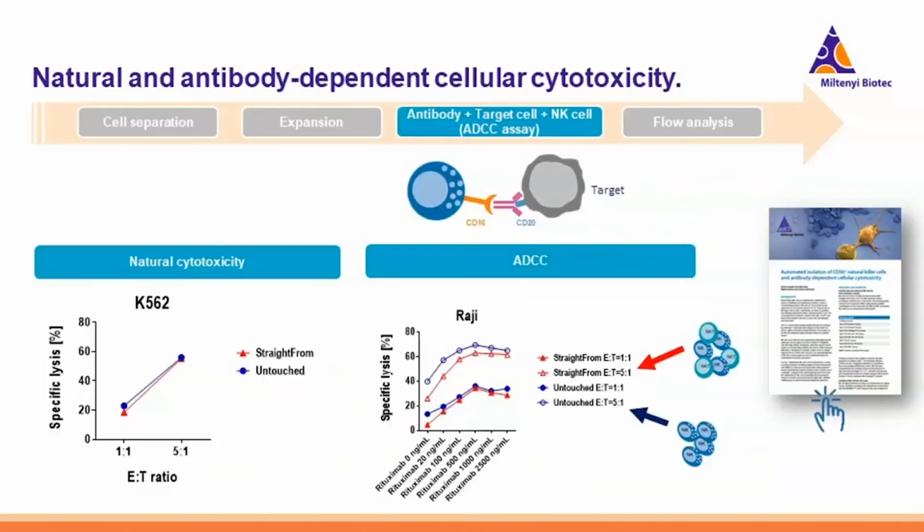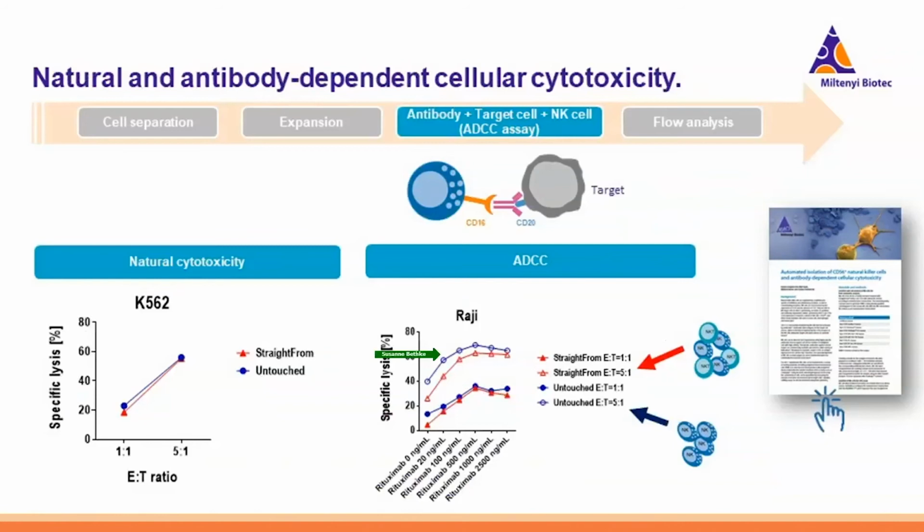And I show you the data here. Here's the comparison of natural cytotoxicity in comparison to ADCC with NK cells isolated with both kits, the straight from kit and the untouched kit. The killing is happening nicely and looks the same no matter if you're doing straight from or untouched.